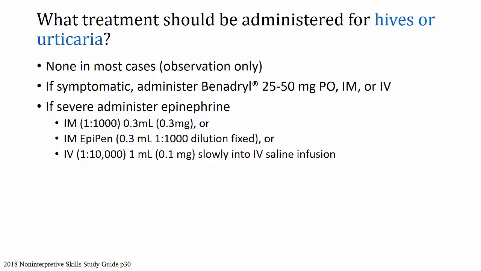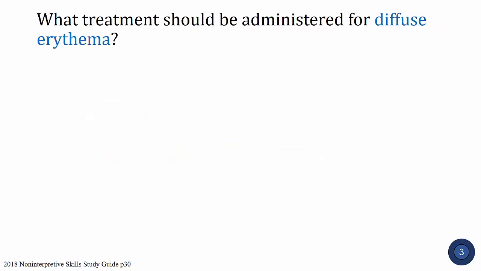And if it's severe, then you can administer epinephrine. That's IM 1 to 1,000, 0.3 milliliters, meaning 0.3 milligrams, or IM EpiPen, which is 0.3 milliliters, 1 to 1,000 dilution, which is fixed, or IV 1 to 10,000, 1 milliliter, which is 0.1 milligrams, slowly into the IV saline infusion.